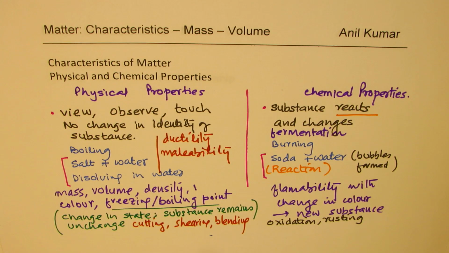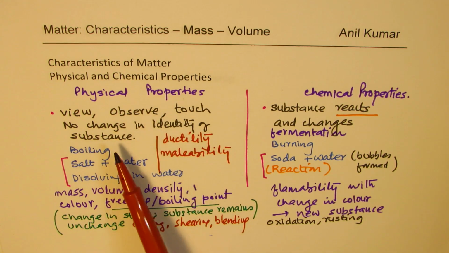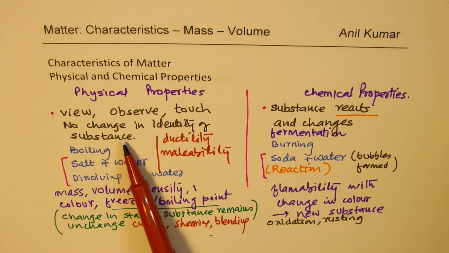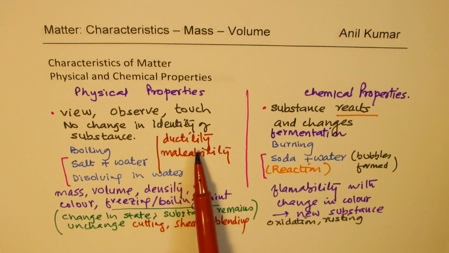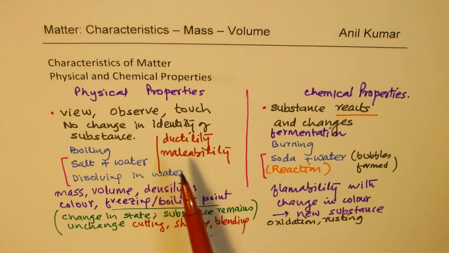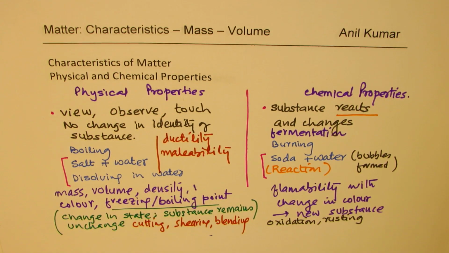Those are all physical properties in which you will observe that the substance remains a substance. For example, if you take gold and beat it up, mold it into a different shape, draw wires out of it, gold remains gold. So it is a physical property which we are talking about.